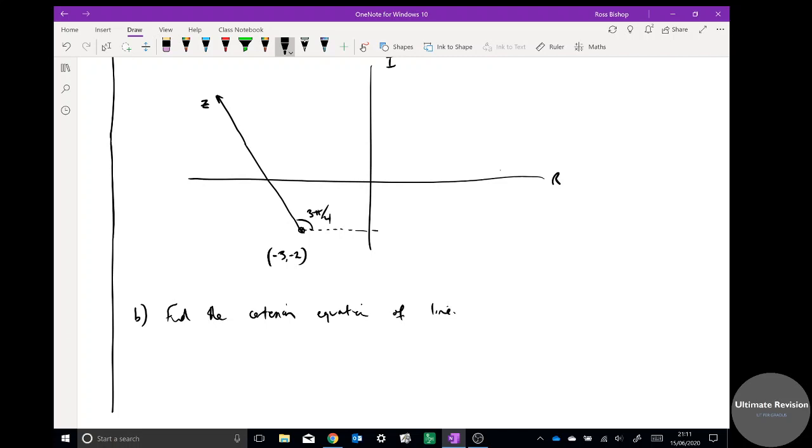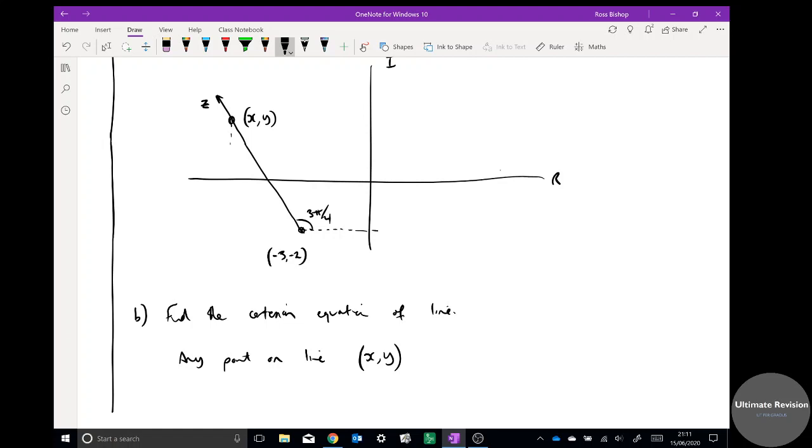Any point on the line, we can give the coordinates x, y. That's the same for any equation of a straight line. So we know that that coordinate is x, y.